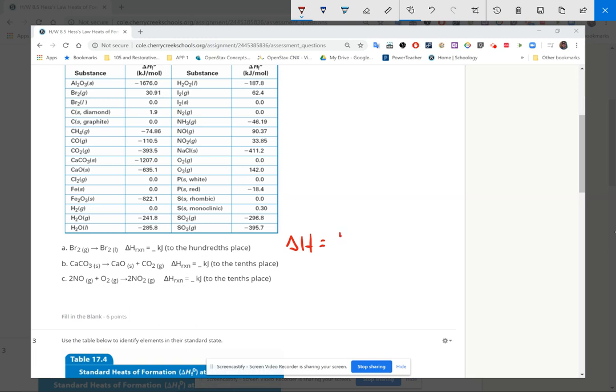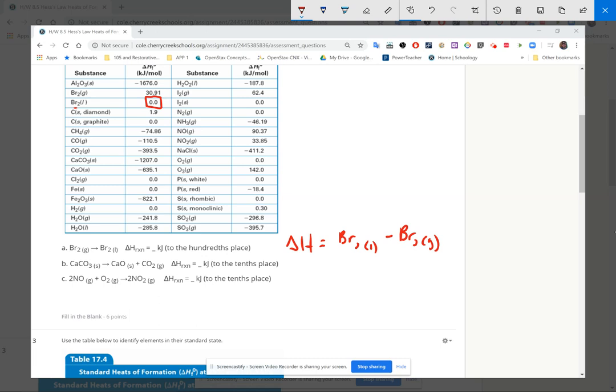So we have Br2 liquid minus Br2 gas. So we go up, we search for Br2 liquid, it says 0. Remember, any substance in its natural state has a heat of formation of 0.